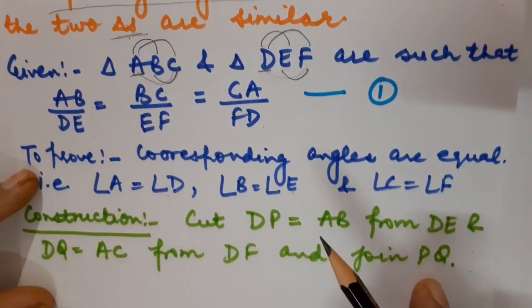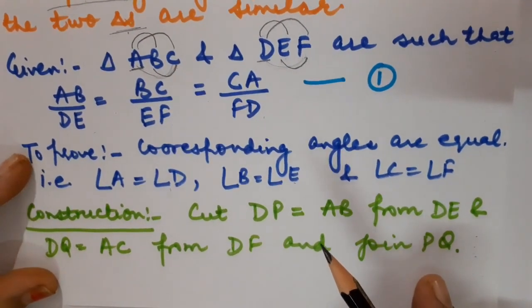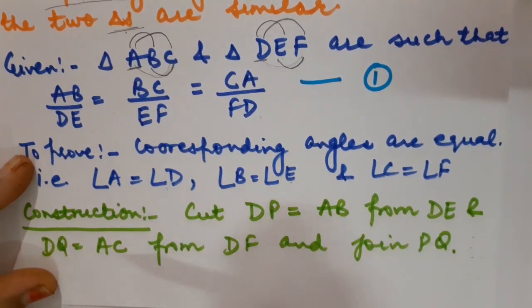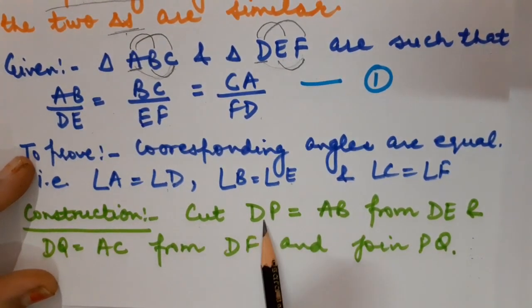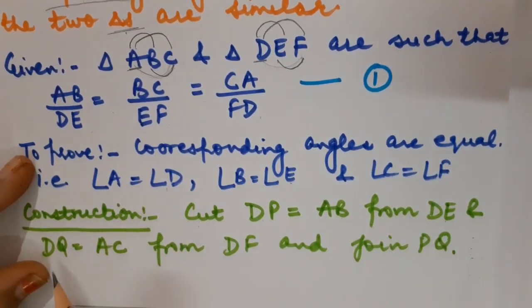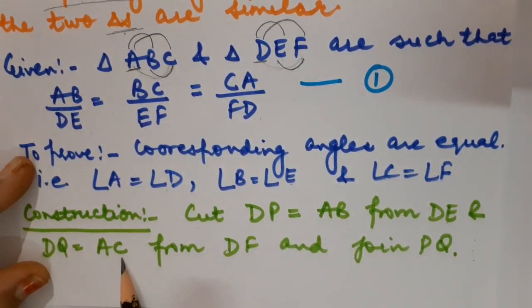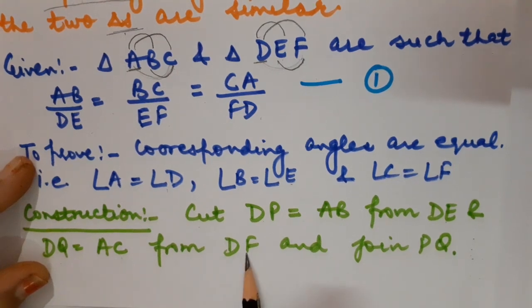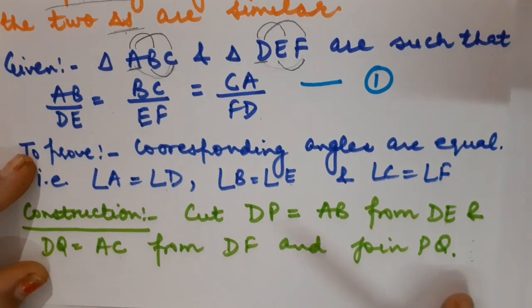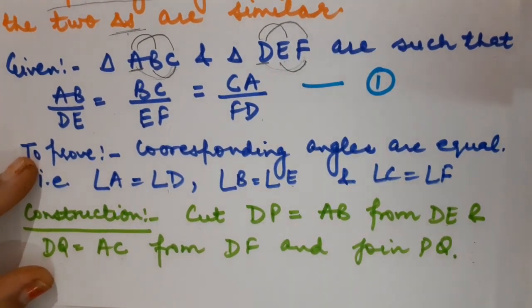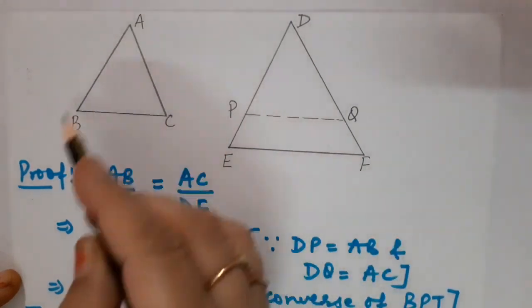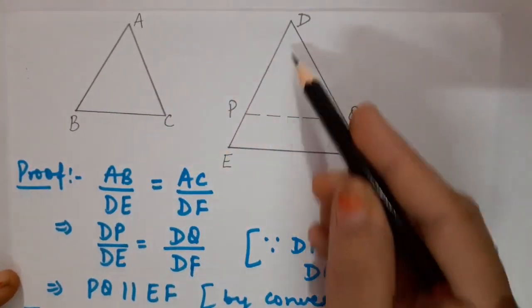So children, as construction was done in the previous criteria, in the same manner construction is done in this criteria as well. Cut DP equal to AB from DE, and DQ equal to AC from DF, and then join PQ. Children, I am going to show you the diagram for better clarity of the concept. Here are these two triangles, triangle ABC and triangle DEF.